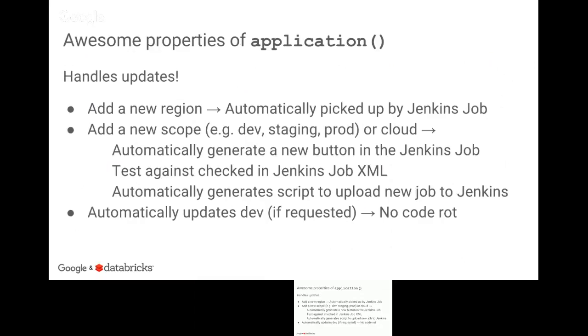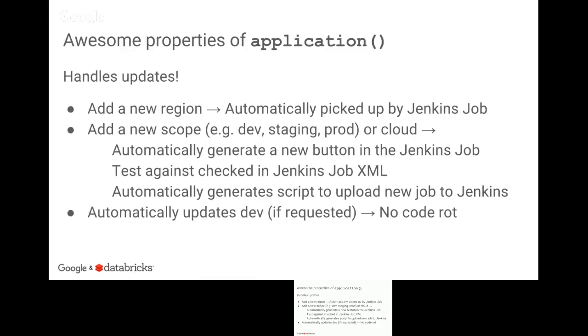One thing we've discovered is that as we add more and more regions, it was originally more and more work for a deployment operator, but now it's automatically picked up by the Jenkins job. The job doesn't change if you add a new region, as long as it's deploying within the same staging or staging in the cloud. So this job doesn't change much, but it can automatically deploy to all the different regions that you support.